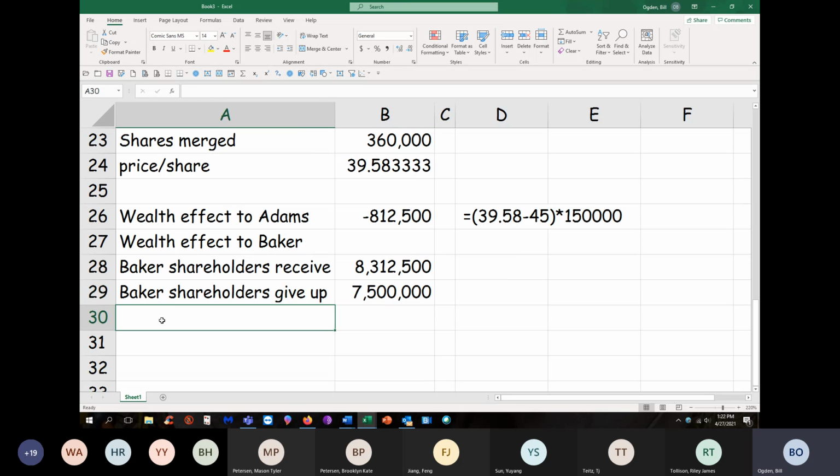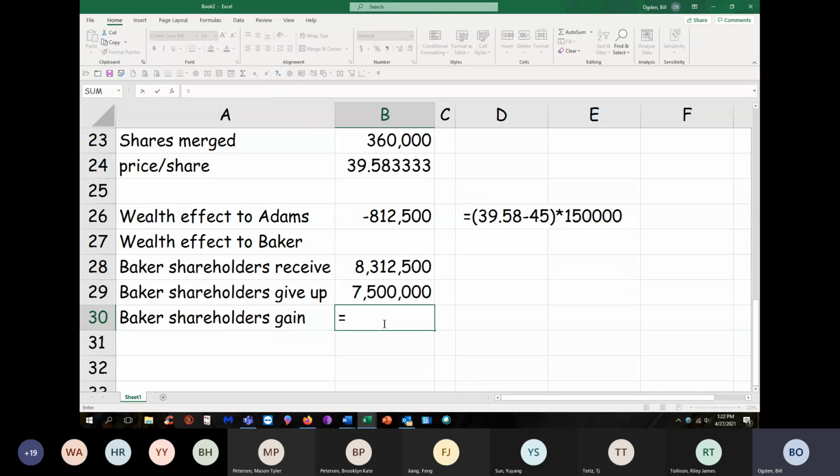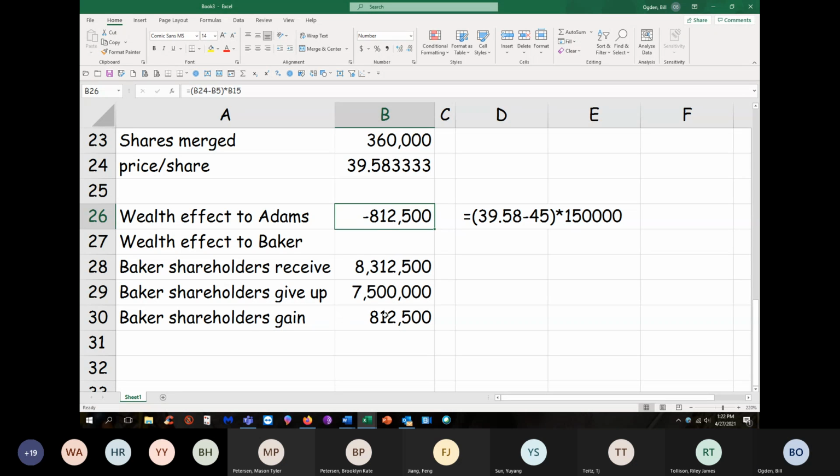And so if we compare the two, you can see that gain how much? Oh, look at that. What did we see here? So basically, you are seeing what financial analysts will call a transfer of wealth.